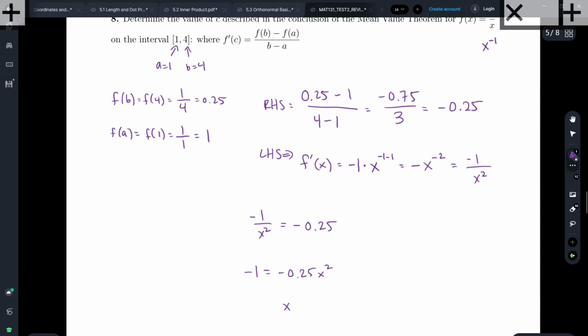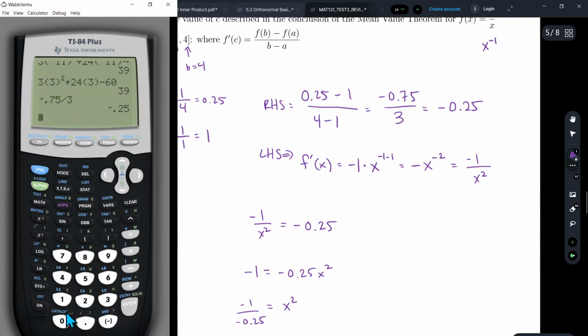And then I divide it by negative 0.25. So what is this equal to? This is equal to 4.